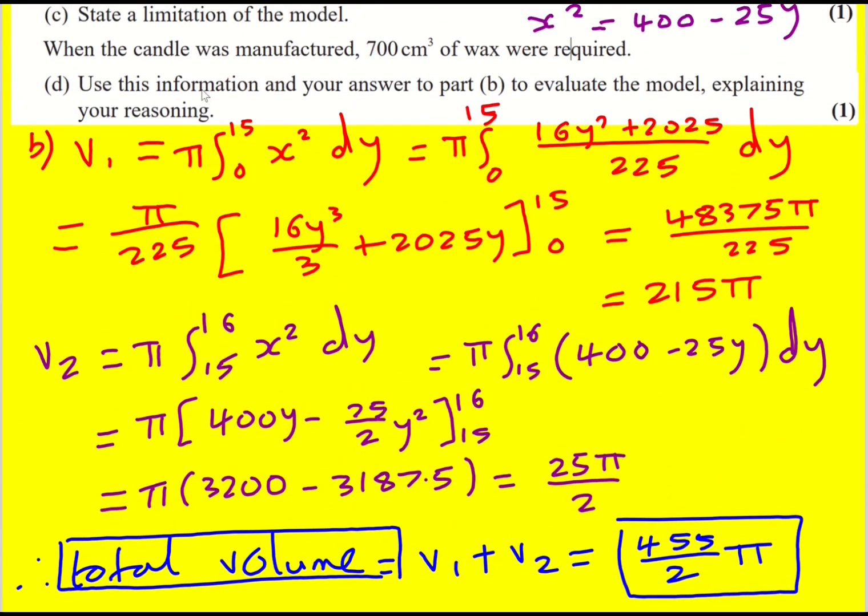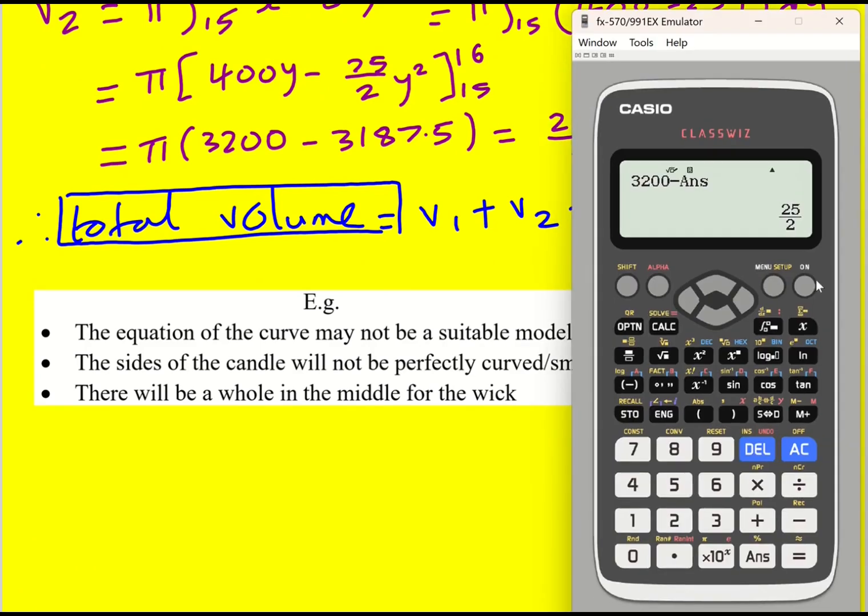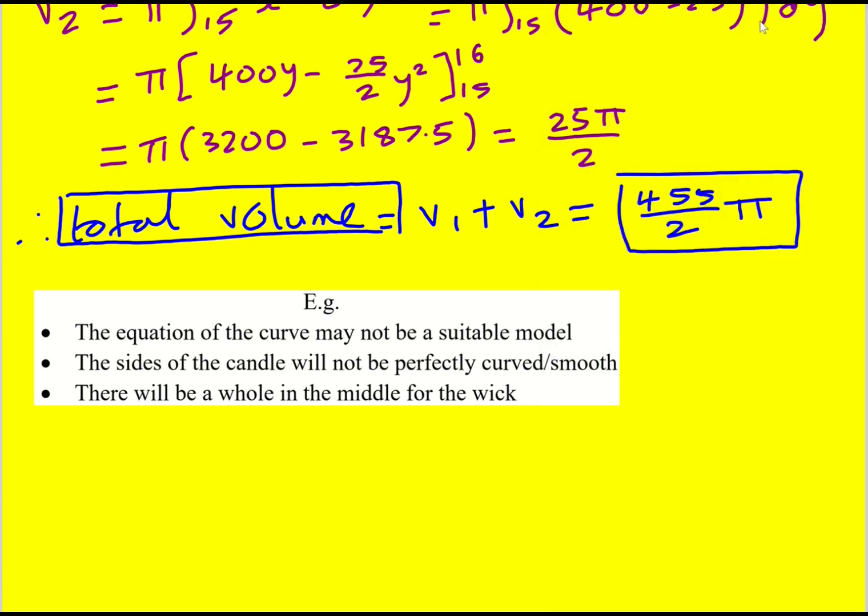And then finally, we're told that when the candle was manufactured, 700 centimeters cubed of wax were required. Use this information and your answer to B to evaluate the model. So we got 455 over 2 times pi, which is actually 714.7.